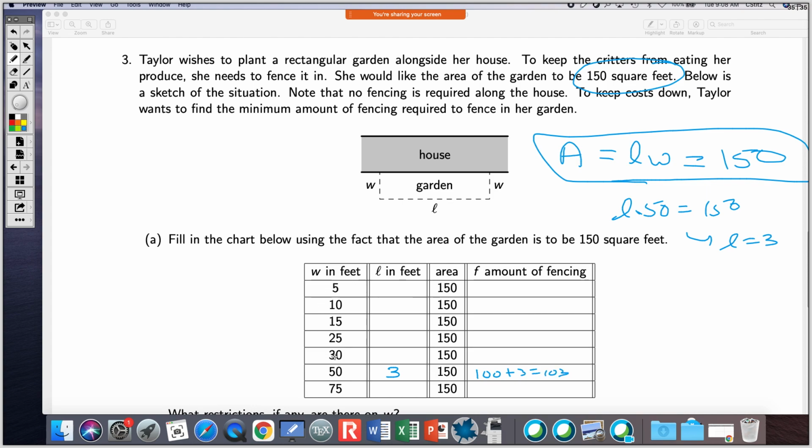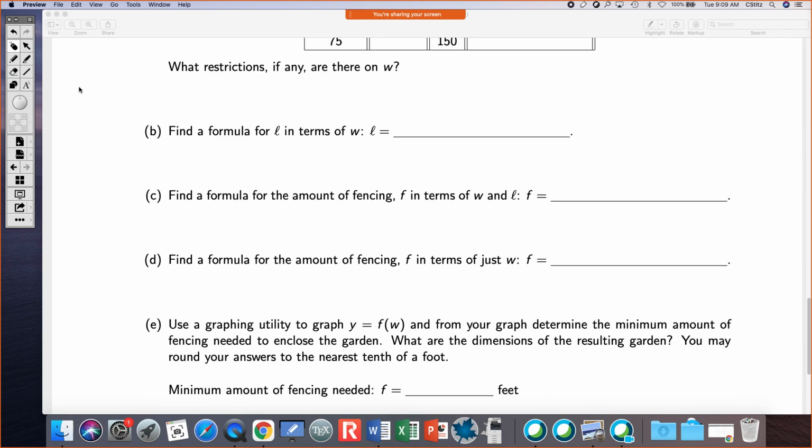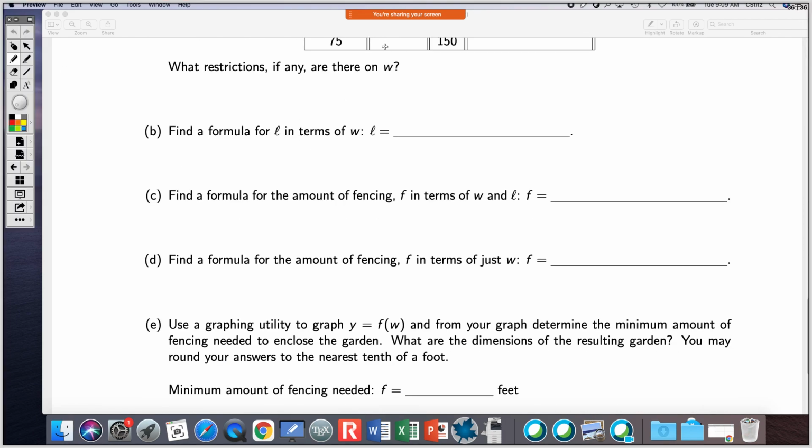So what you're going to do here is fill in this chart. And as you fill in this chart, you're going to see, if you know what W is, how to find L, and then how to find the amount of fencing. So this will help you build a formula. So after you fill in that chart, you'll be able to say, well, how did I find L in terms of W?